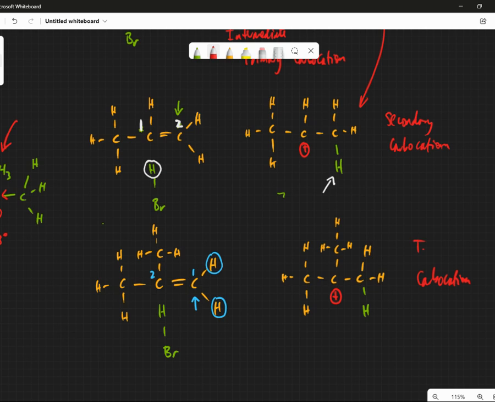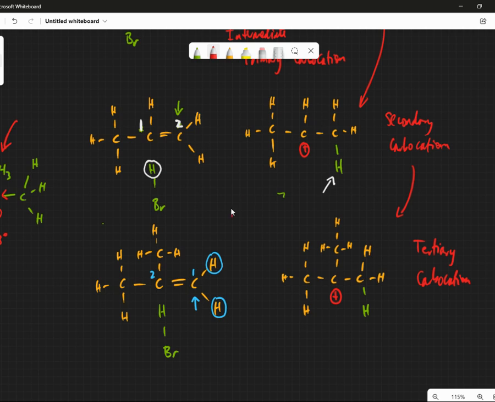In this case, this is a tertiary carbocation. You should all know this: primary carbocations are less stable than secondary carbocations, which are less stable than tertiary. You've got to know that, we did that in class.